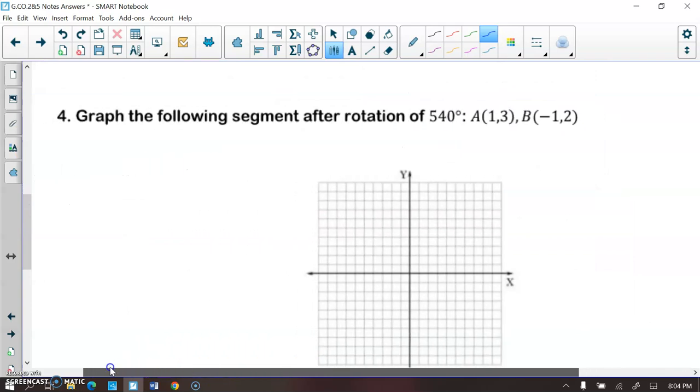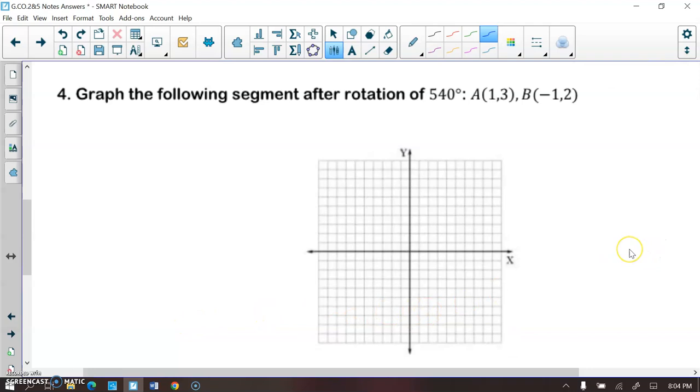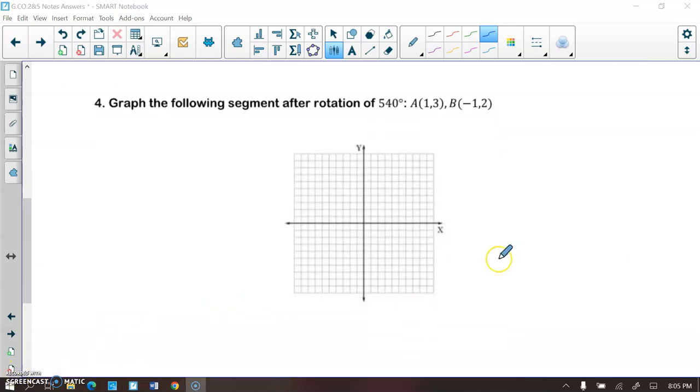All right, so moving on. This time it says, graph the following segment after a rotation of 540 degrees. And it does not say where the center of rotation is, so let's make this one the origin.